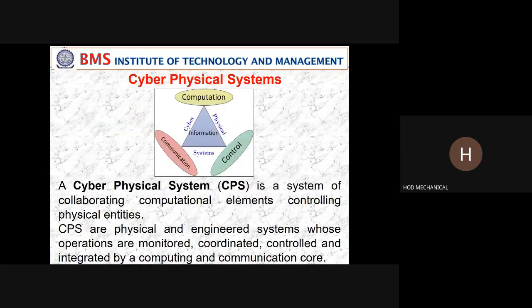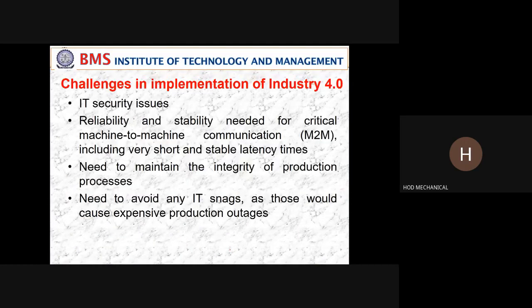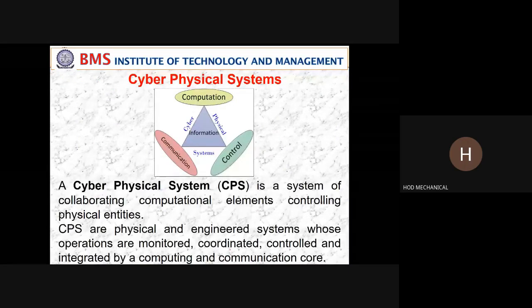Then we have a small thing called cyber physical systems. Now what do you mean by cyber physical system? That is CPS. A cyber physical system is a system collaborating computational elements controlling physical entities.